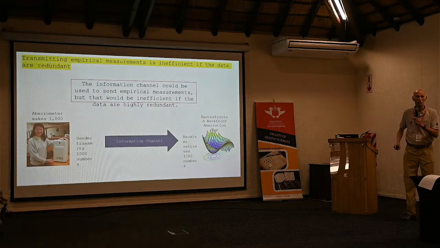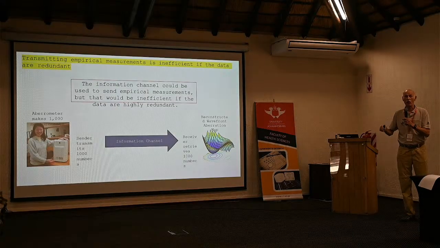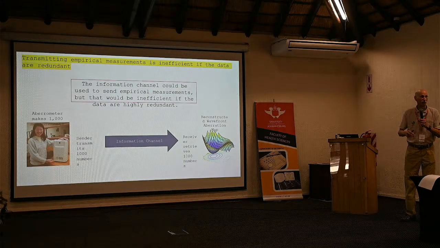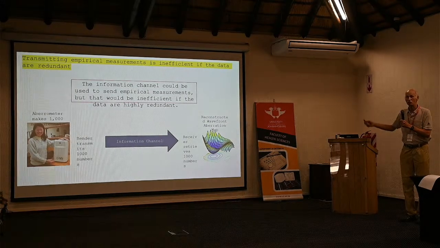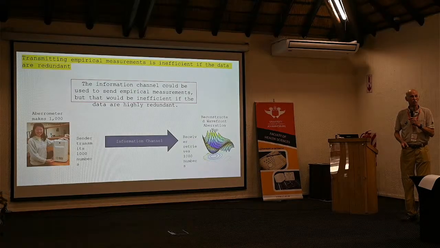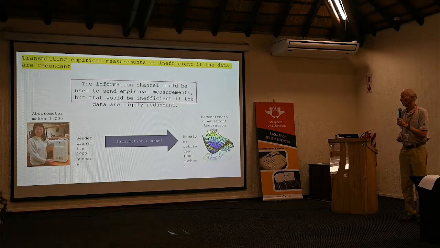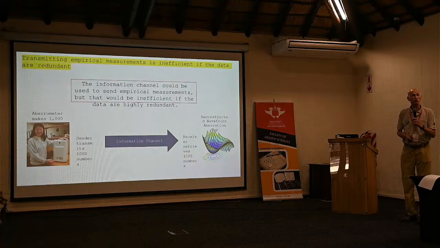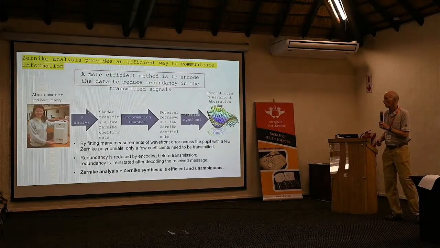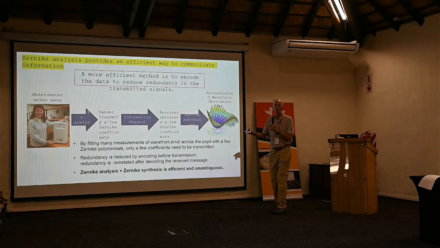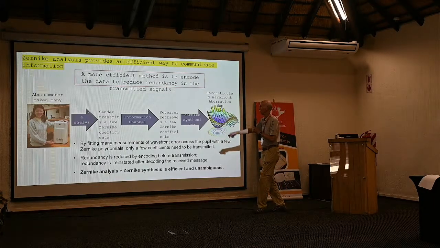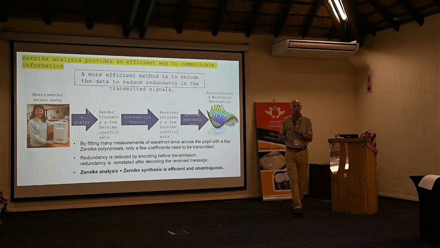So say we have an aberrometer which makes 1,000 measurements. And you can send those 1,000 measurements over an information channel, and the receiver can collect them and rebuild the wavefront aberration that had been measured. But that's a lot of data sent over, and there's a lot of redundancy in those 1,000 measurements. So the idea is that a simplified approach, some of the writing here is unreadable because Windows did a font substitution on me, is a kind of encoding mechanism.